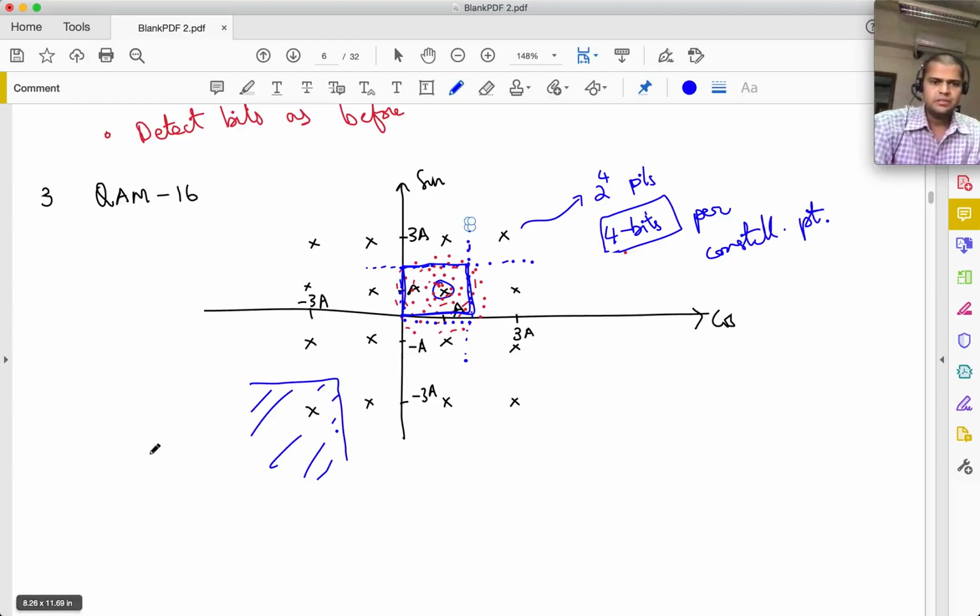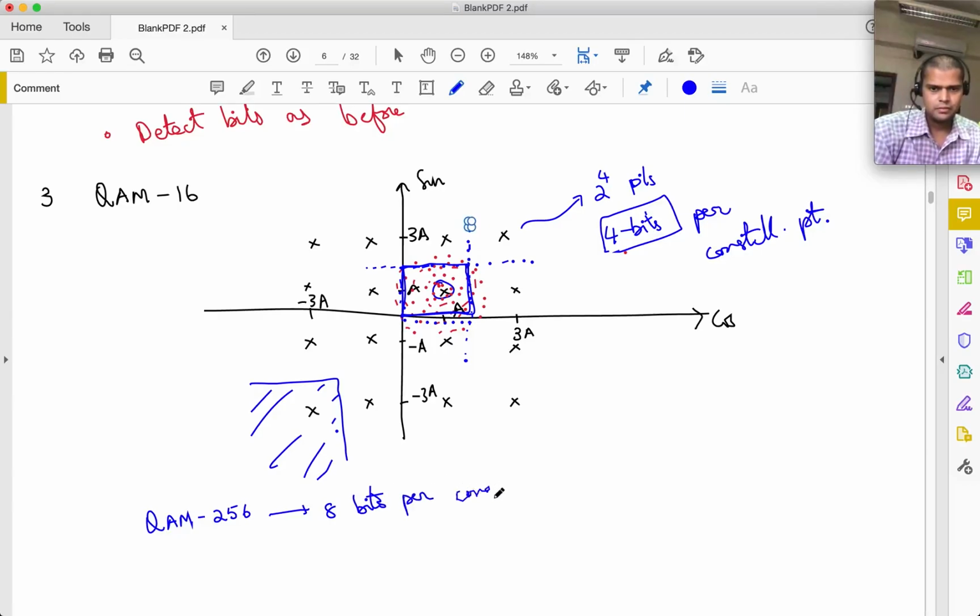Okay. And of course, you can go much beyond this. There is a QAM 256, for example, where you send 8 bits per constellation point. So the question is, what should you use in practice?